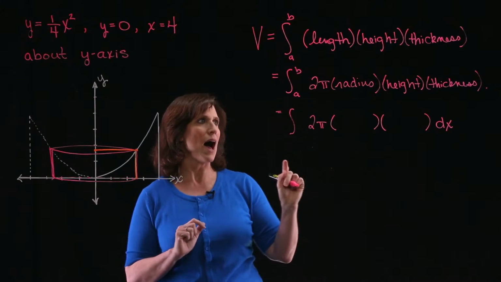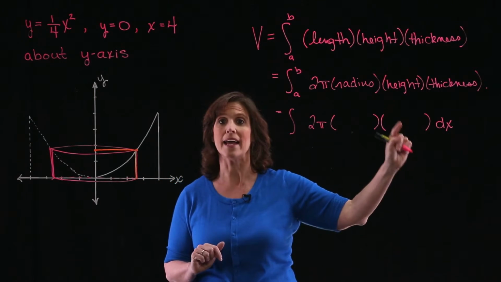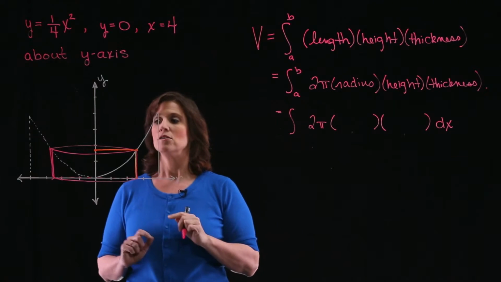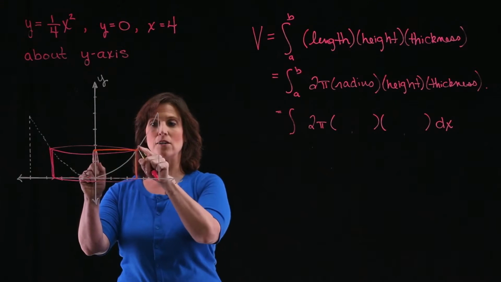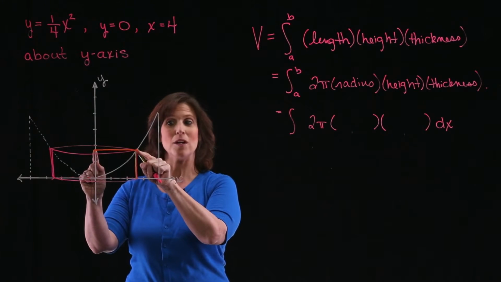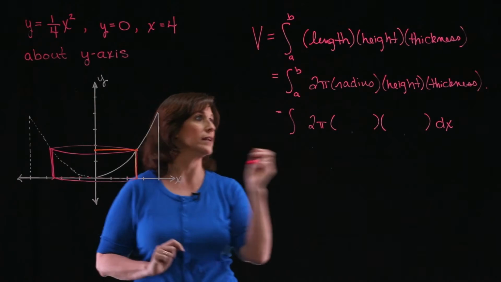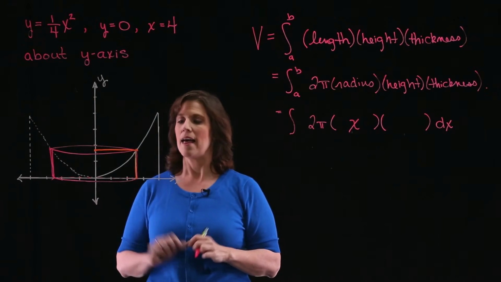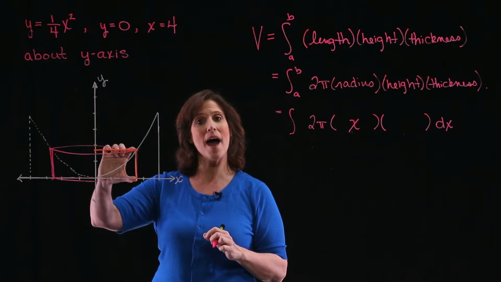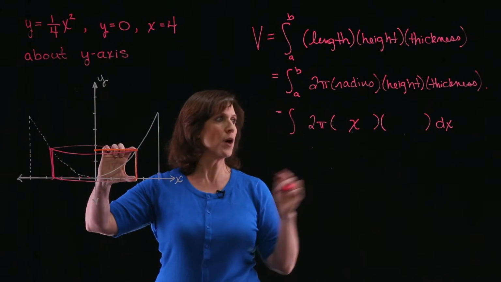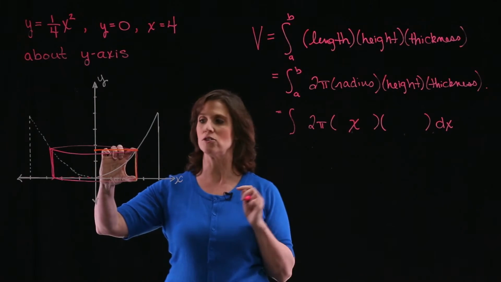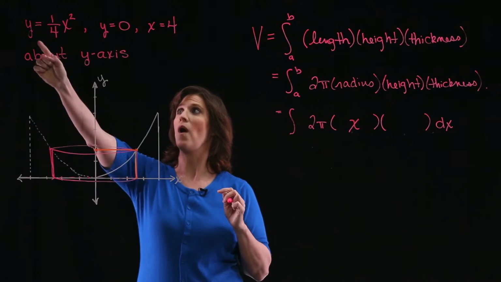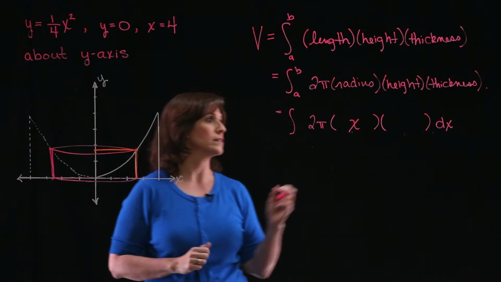So let's talk about how I can write the radius and the height in terms of x. The radius is the distance from here to here. That's actually going to be the x value of this point, so the radius is simply an x. The height, however, is the y coordinate of that point. I don't want to write a y, I want everything to be in terms of x, but I know that y is the same thing as 1/4 x squared.